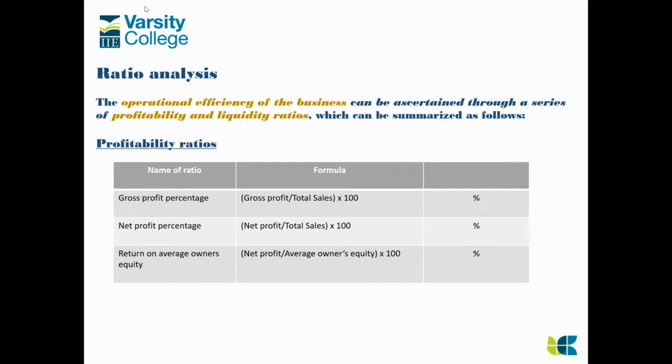How many owners do we have? 1, 2, 3, 4, 5, 6, 7, 8, 9, 10, 11. 11 owners. How much equity do we have in the business? Divide that by the 11. Then we have our average owner's equity. Net profit divided by the average owner's equity, boom. We have our answer. Okay?